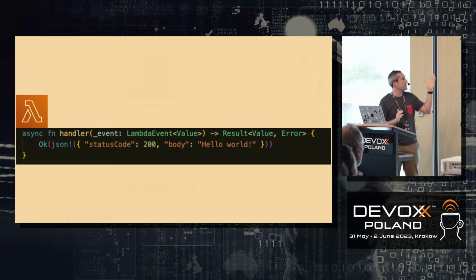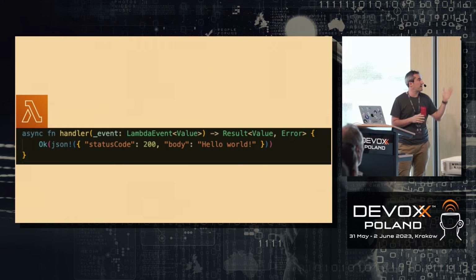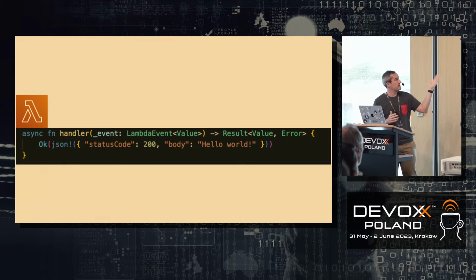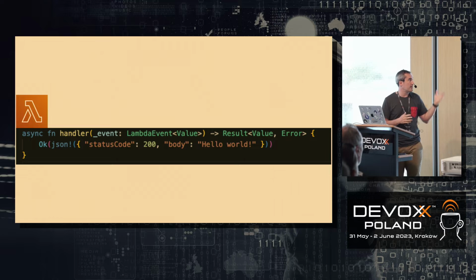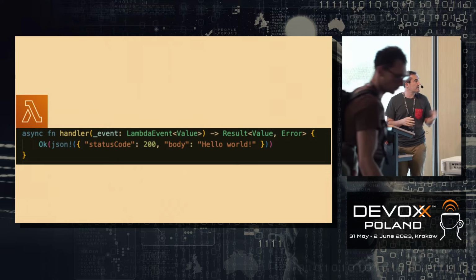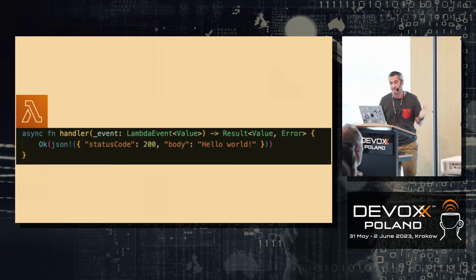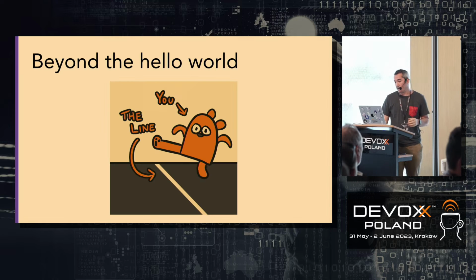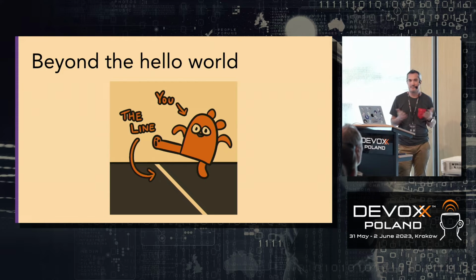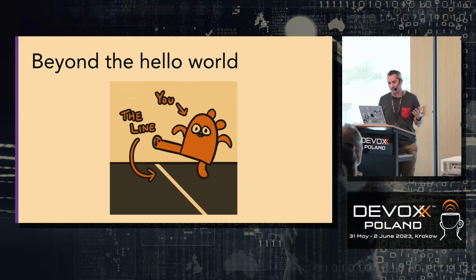Basically, you're defining an entry point handler, you receive an event, and you return an HTTP status code 200 and a hello world body. So great, this is a very simple function, it's a hello world. But obviously today we are going to go beyond hello world. There is no point in testing hello world, or maybe there is, but we want to try to test a real application.